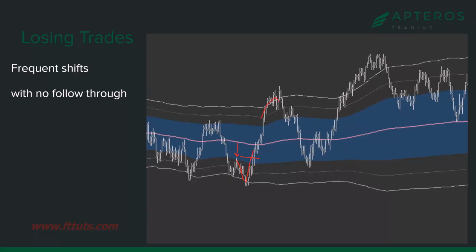Okay, we're imbalanced up, let's get long here, right? Oh, it just barely tries and then stops you out. We're imbalanced here, going with this imbalanced pullback, and it gives you a rotation and then stops you out. So the condition shifting and not holding is where we tend to have some losing trades.